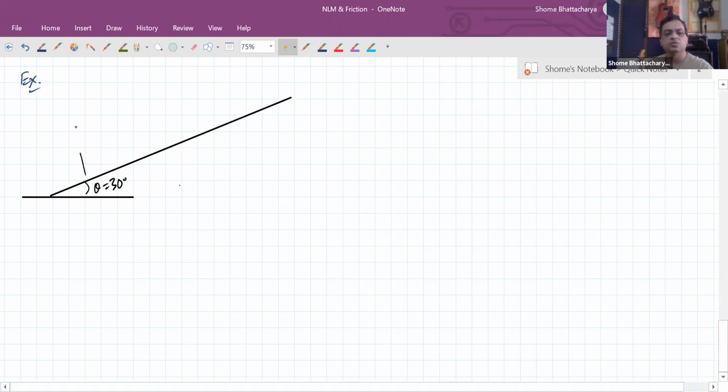So we have a 30-degree smooth inclined plane. And on this inclined plane, we have placed a block like this of mass m. Okay.